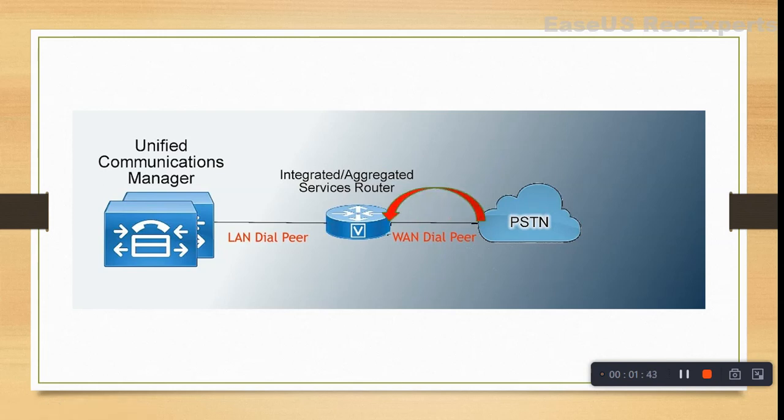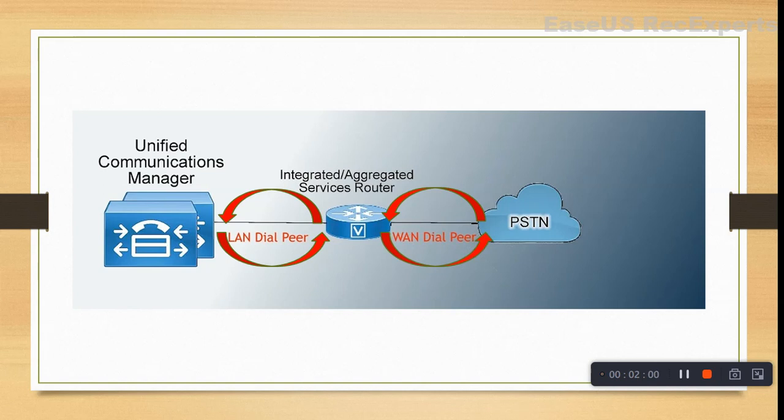So this is an incoming WAN dial pair and this is an outgoing LAN dial pair. This is an incoming LAN dial pair and an outgoing WAN dial pair. This is how it looks.